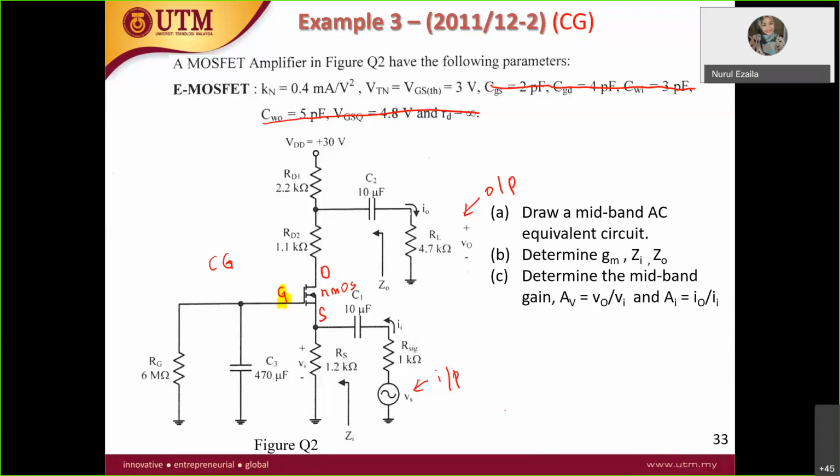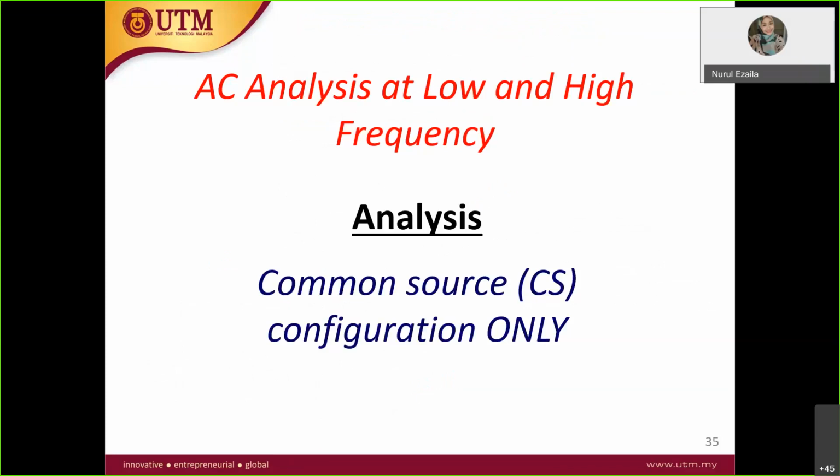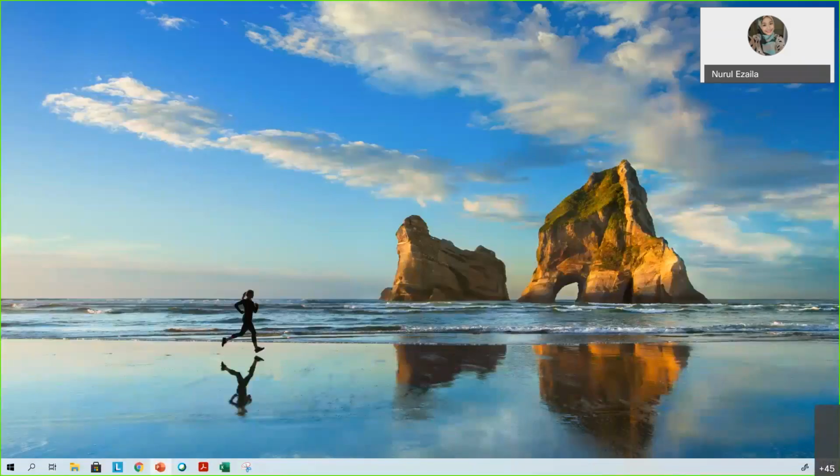The question asks you for gm, Z in, Z out at mid-band frequency. This is a continuation question. VGSQ was already given over here, but I have deleted it. Sorry about that.